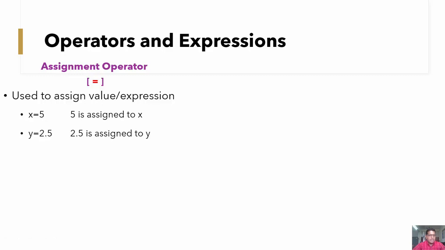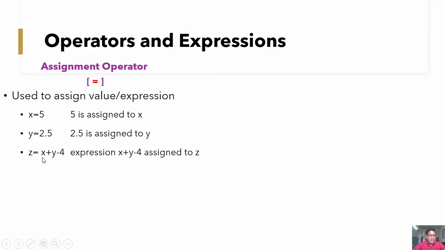So this is the second example. Here we are assigning a value 2.5 to variable y. No doubt this one is an integer value and this one is a float value. In the sense, the assignment operator is going to work on all the data, right? Also it supports assigning an expression to a specific entity.